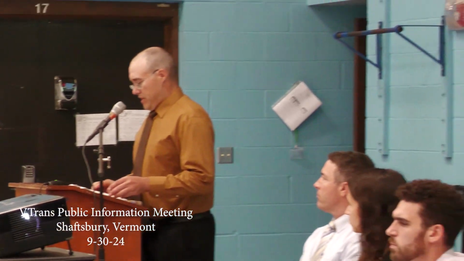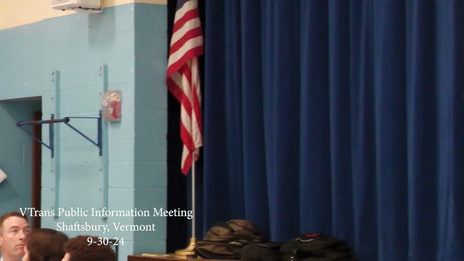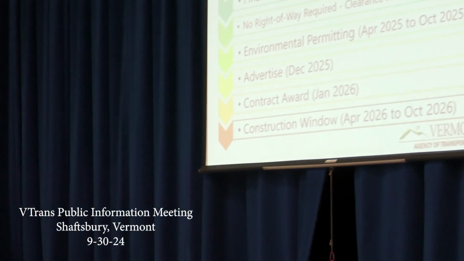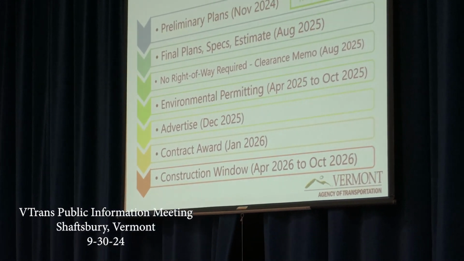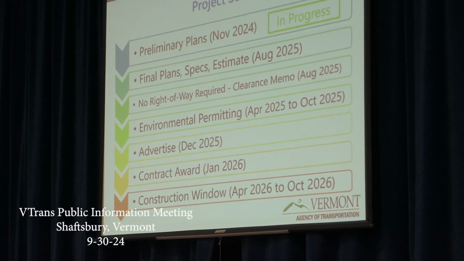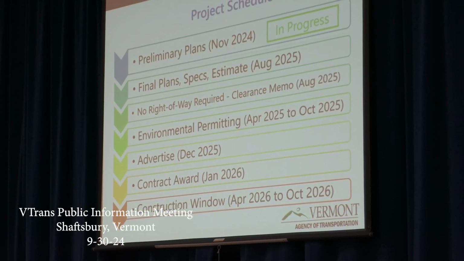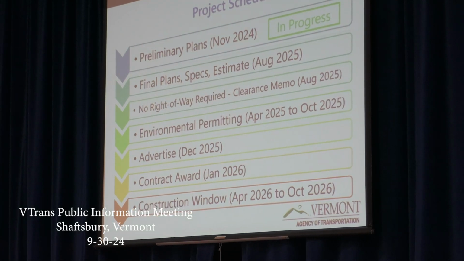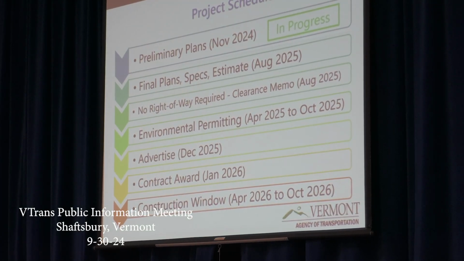So I'll go over the project schedule. We're looking at completing preliminary plans in November. Our final plans, specs and estimate we're estimating to be August 25. We are not anticipating any right-of-way or utility relocation for this project.